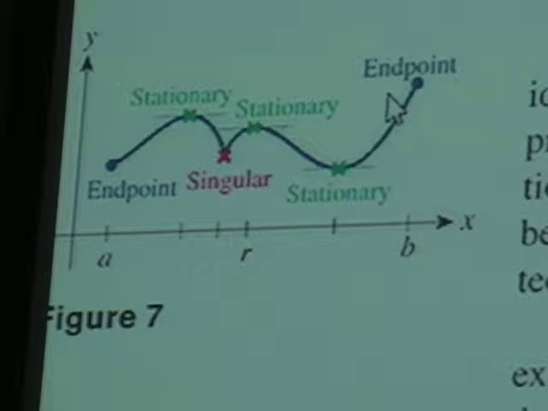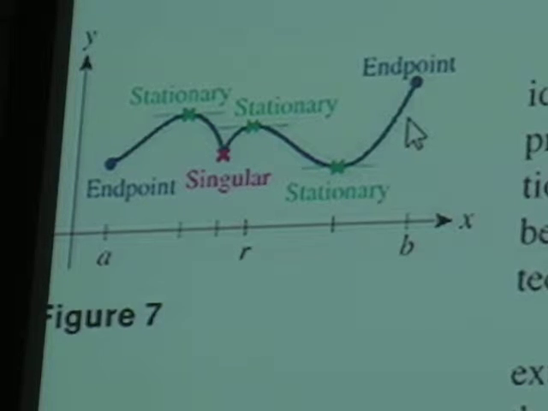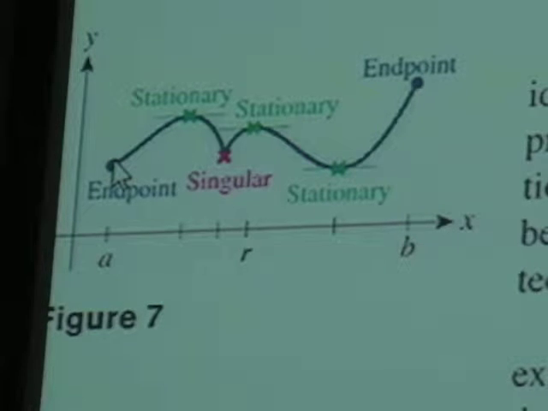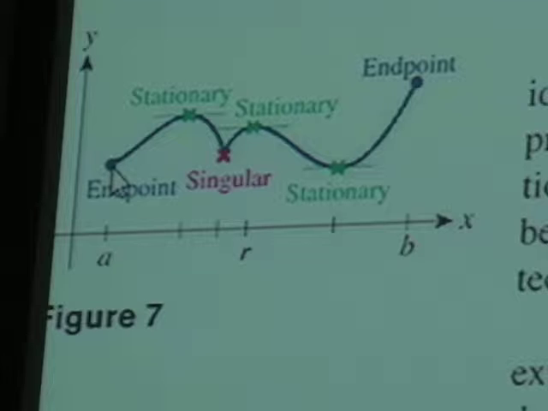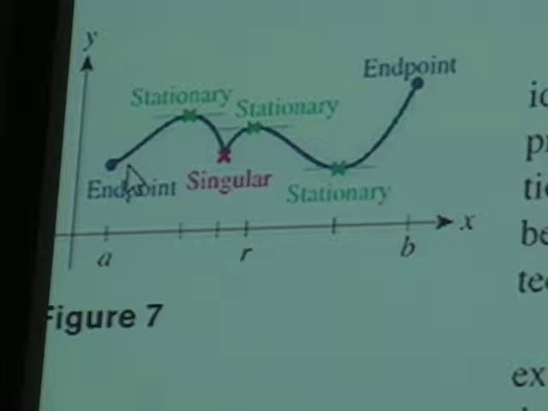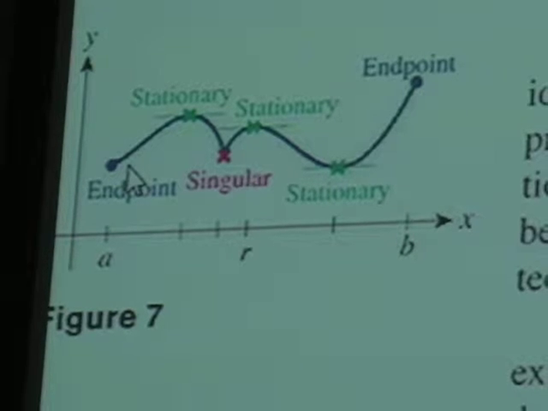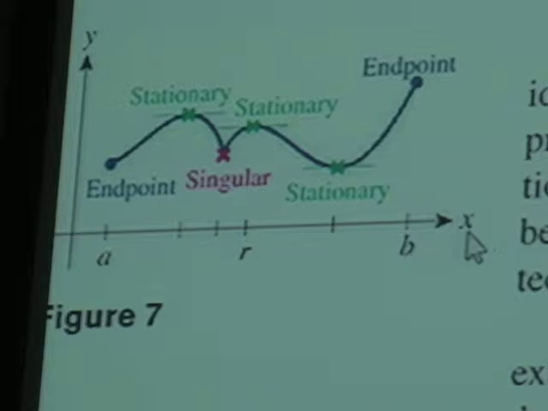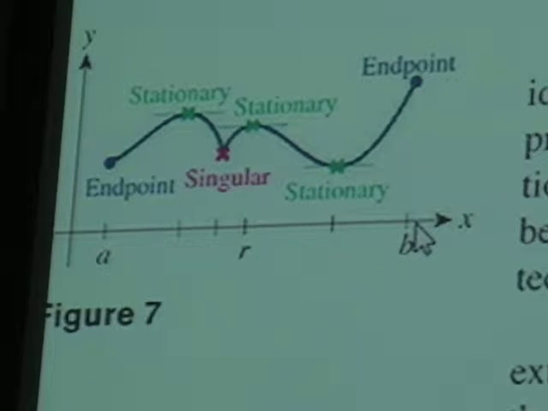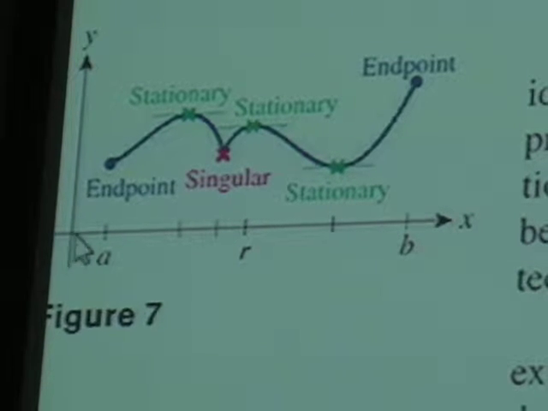Note that the stationary points are always interior points, as f prime is not defined at the endpoints of the domain. That's a point that I never made, but let me make it here. The derivative is really not defined at the endpoints. Why not? Because the derivative is a limit. And remember, limits have to exist from the left and from the right. You don't have anything from the right here, and you don't have anything from the left here.